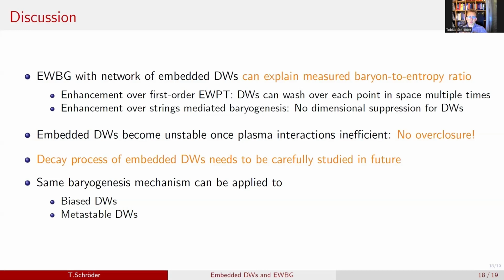The decay process of embedded domain walls is something that needs to be carefully studied in the future. In addition to this, the baryogenesis mechanism presented here can be applied to other domain walls which decay, such as biased domain walls and metastable domain walls.